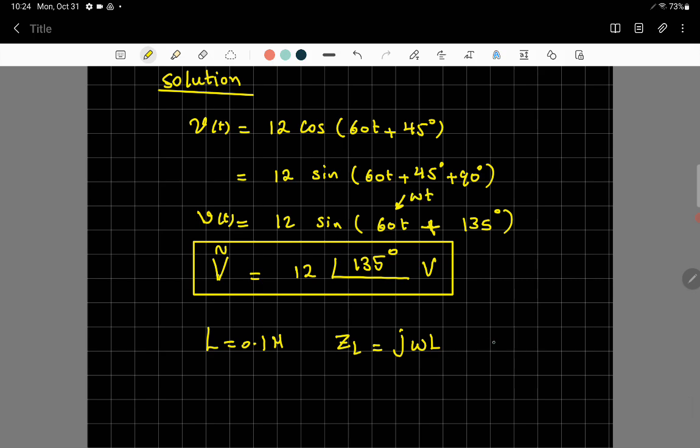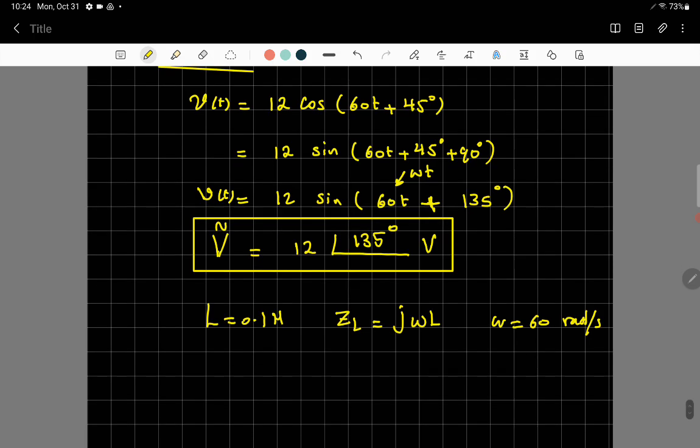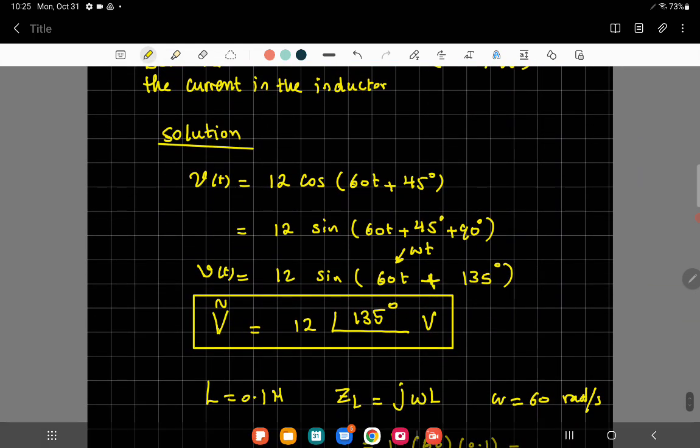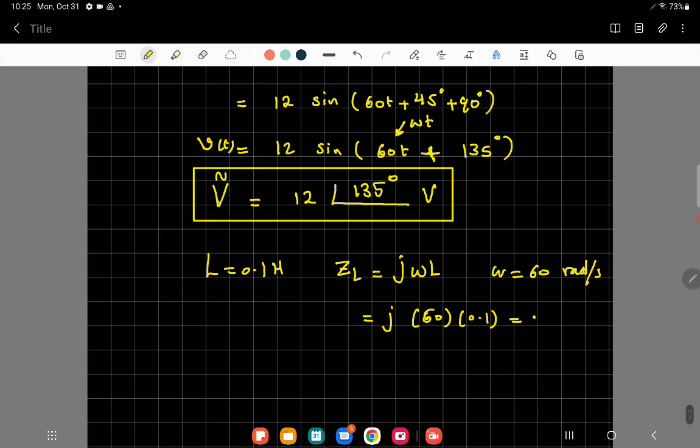So omega is equal to 60 radians per second. I just got it from the voltage waveform. So now I can find ZL. It's equal to j, omega is equal to 60, and L is equal to 0.1 Henry. So you multiply, you get j6 ohm. That's the Z.